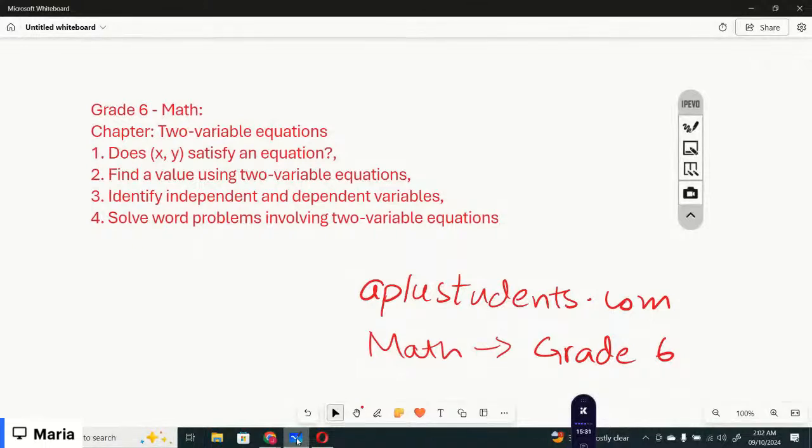Find the value using two variable equations. Identify independent variables. And solve word problems involving two variable equations. So please make sure you have your notebook and pencil so that you can note down the important examples and definitions as well.